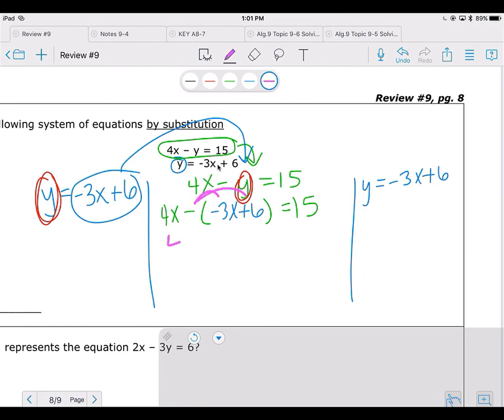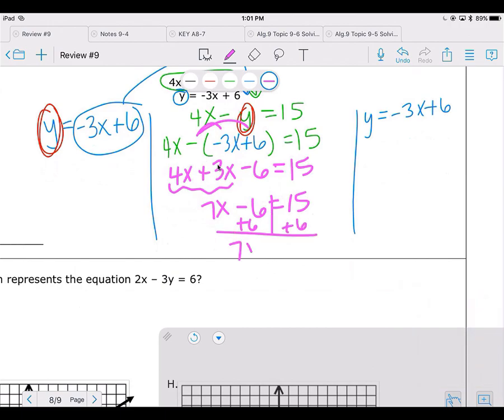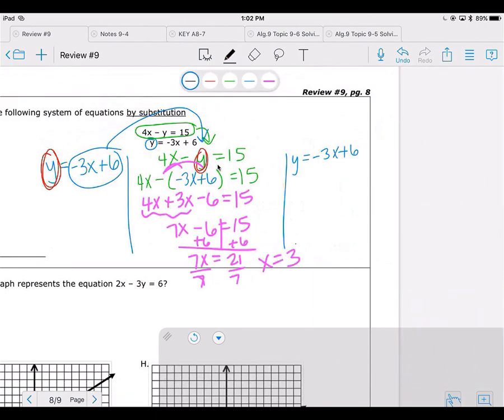When I distribute, 4x stays the same, plus 3x minus 6 equals 15. 7x minus 6 equals 15. Add 6 to both sides, so 7x equals 21. Divide by 7, and x equals 3. Now, I know what x equals.